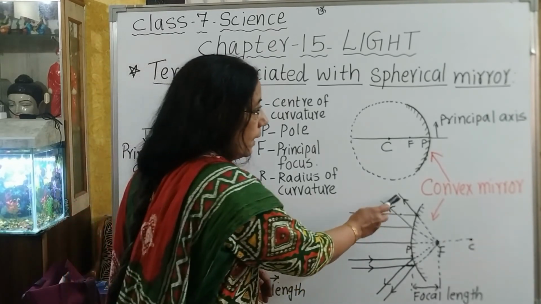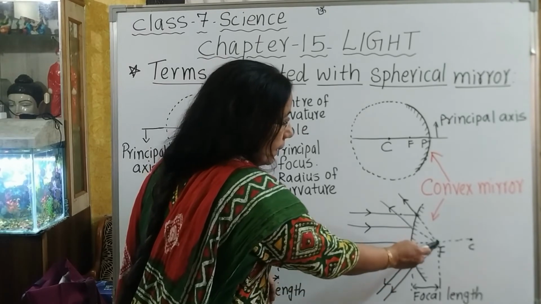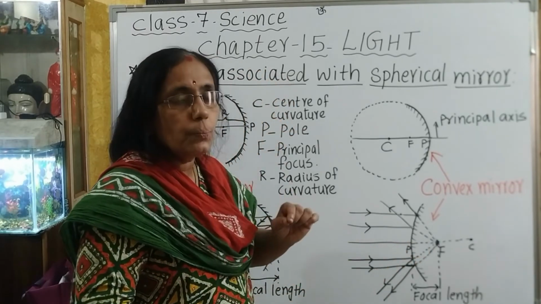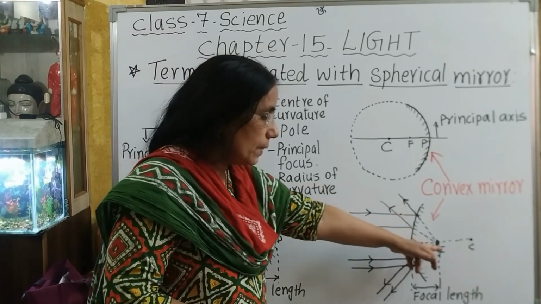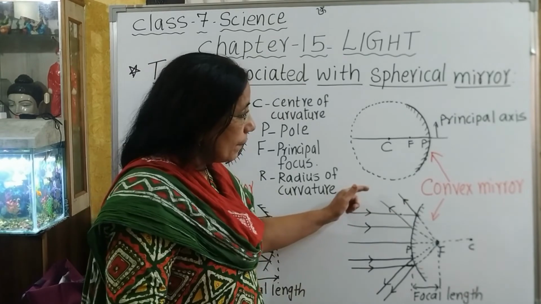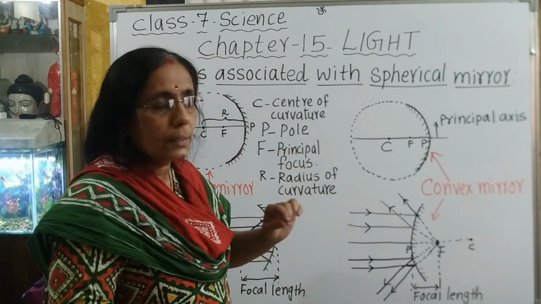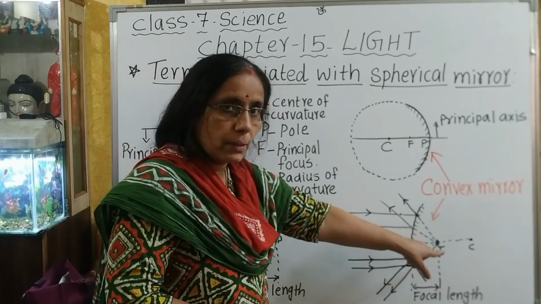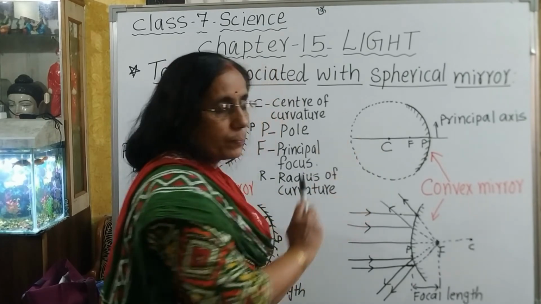But if we extend these reflected rays backwards like this, then they appear to meet at a point behind the mirror on the principal axis. That point is known as the principal focus of a convex mirror.